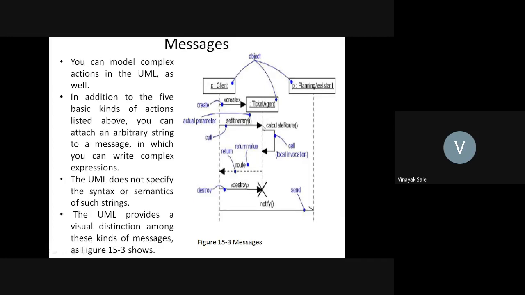So the ticket agent calculates the route. There is a call, that is a local invocation, call itself again. Then it returns a value as a route. If it is not okay, then destroy, and the client communicates with the planning assistant to notify, sending a message.